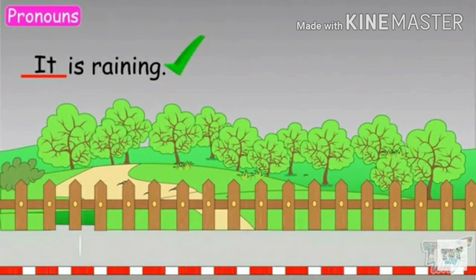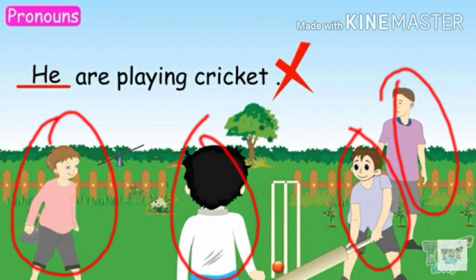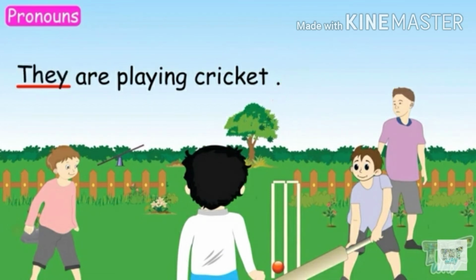Now the next is "Dash are playing cricket." Which is the suitable pronoun? "He are playing cricket." No, it is wrong, because "he" is used for a boy, but here there is more than one boy. So which pronoun is used here?